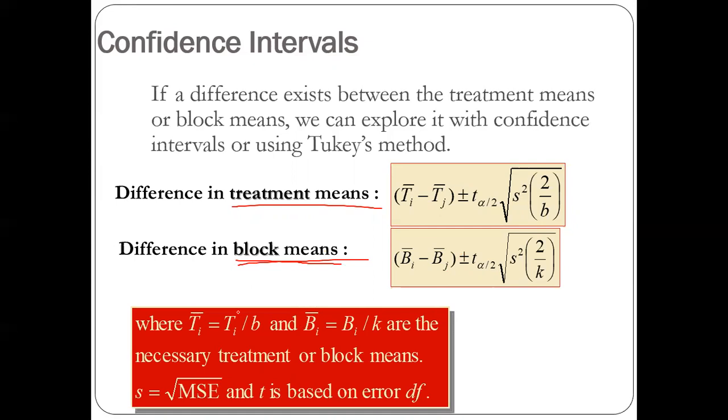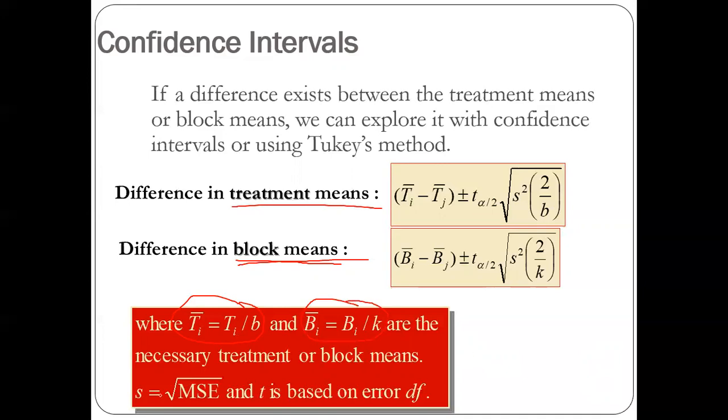Okay, so the value is where T treatments bar equals treatment divided by block, and B block bar equals B divided by treatment. Please don't get confused with this formula; please refer carefully to each formula.